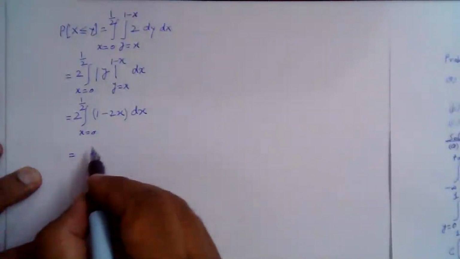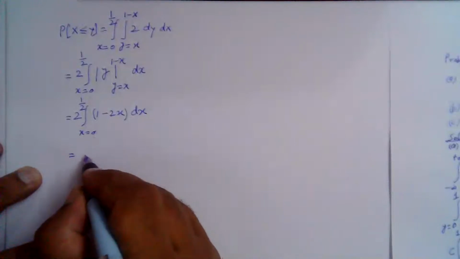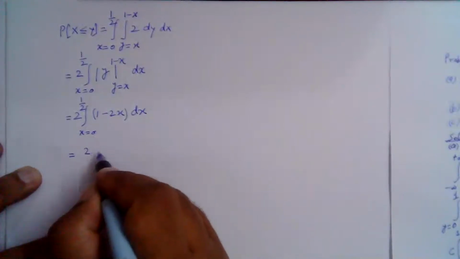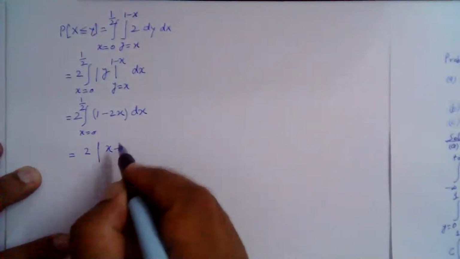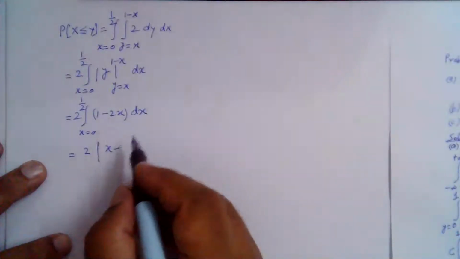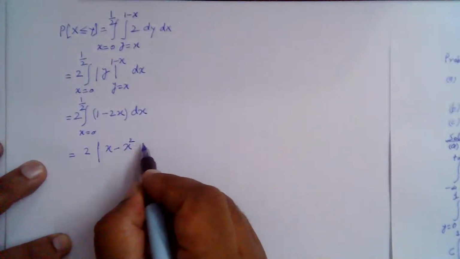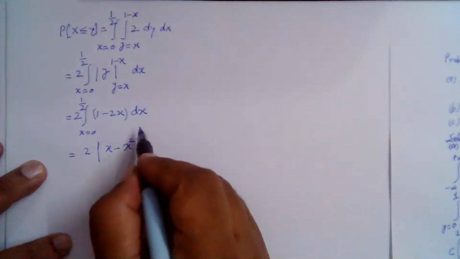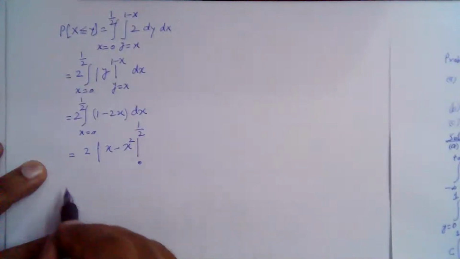So again, we have 2 here, then x minus x square over 2. So that 2 will cancel out with this 2. So x minus x square, and the limits are from 0 to 1 over 2, right?